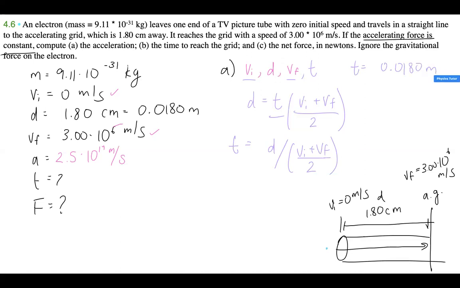T is equal to 0.0180 meters over 0 plus 3.00 times 10 to the 6, over 2. When I plug this all into my calculator, double checking my calculations, it's 1.2 times 10 to the negative 8 seconds.